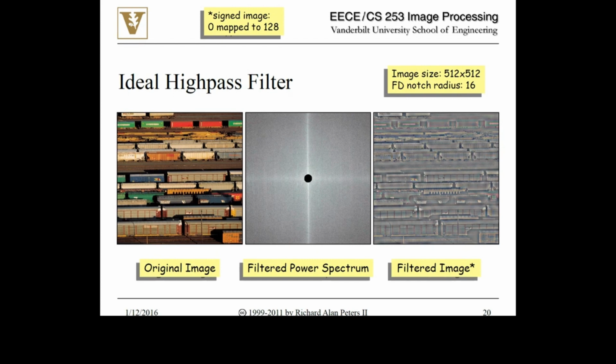And yeah, high-pass filters, you may remember that edges require high frequencies. So the high-pass filters are edge detectors.